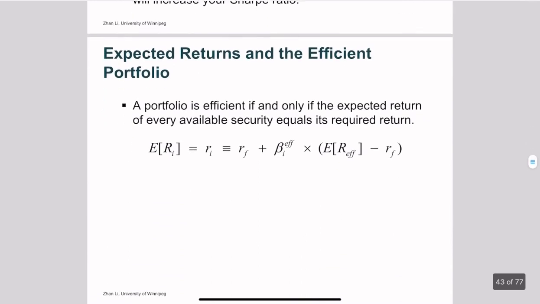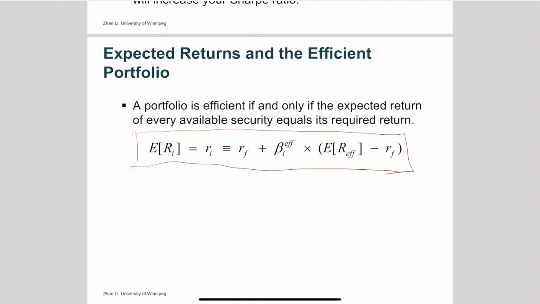Okay. Now we could finally talk about the relationship between expected returns and the efficient portfolio. And this is actually a quite important result because the capital asset pricing model is basically based on this formula here.